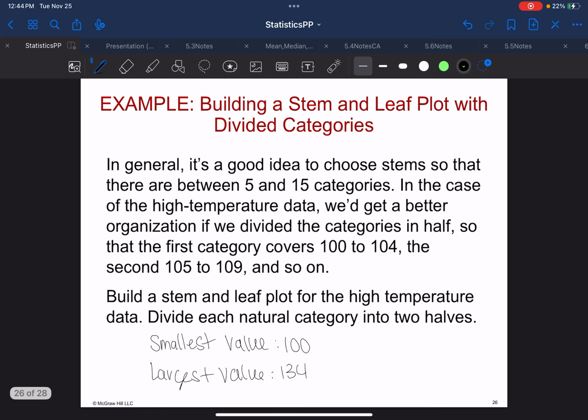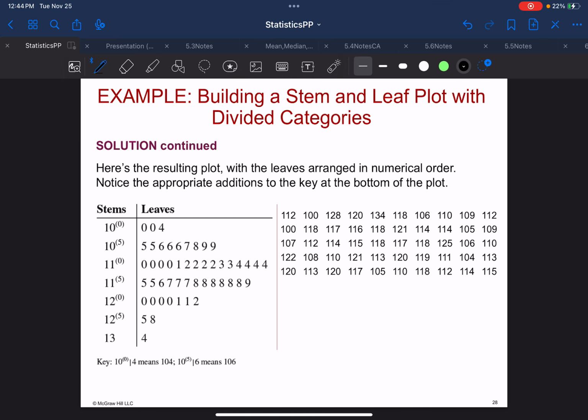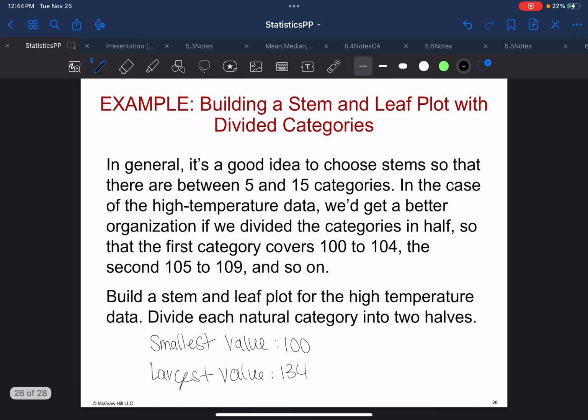So sometimes in general, it's a good idea to choose stems so that they are between 5 and 15 categories on the left-hand side. We don't want to have more than 5 to 10 categories because our table would be extremely long.